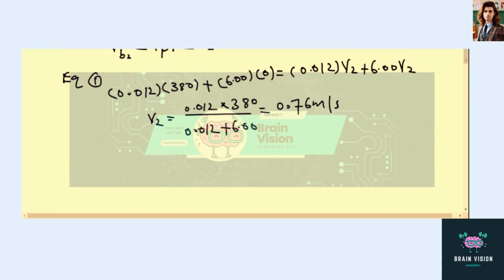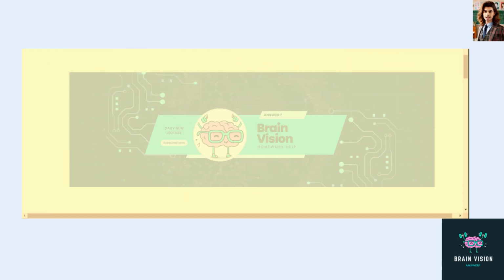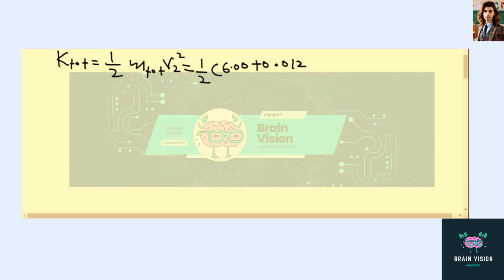Total kinetic energy is equal to half m total times V2 squared, which is 1 divided by 2 into 6.00 plus 0.012 into 0.76 whole squared, and that is equal to 1.73 joules.